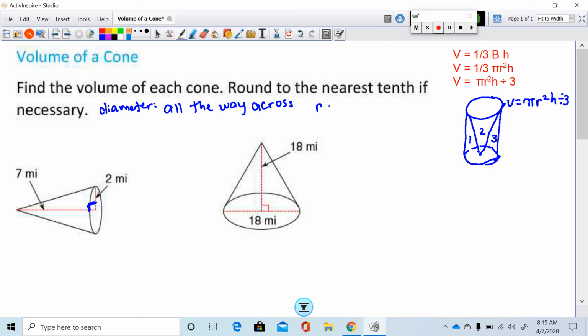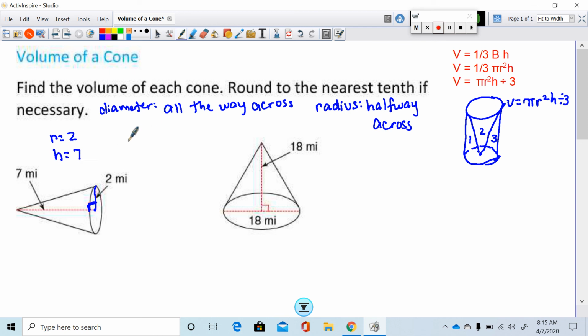The radius is halfway across. So in relation to my circle, they gave me halfway across. They gave me the radius. So the radius is 2. The other number, even though this is on its side, that 7 is the height.